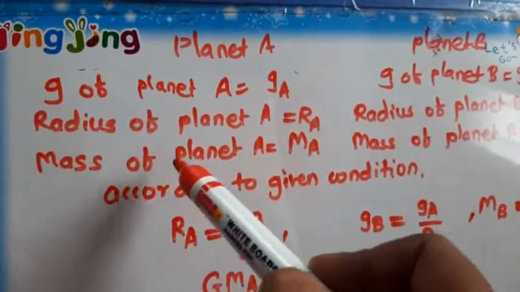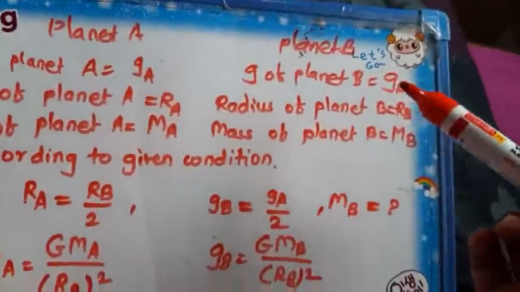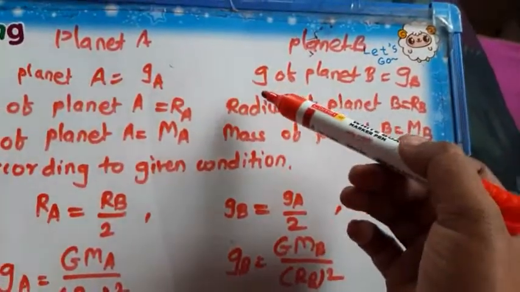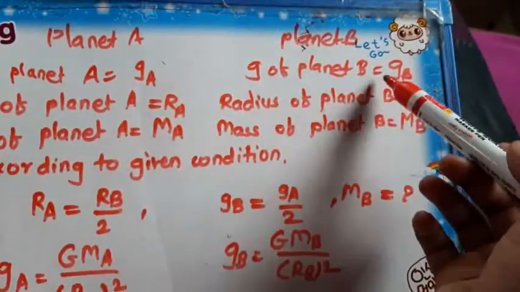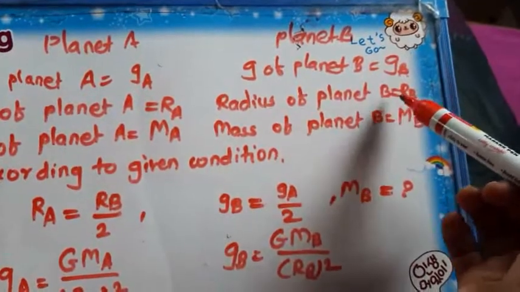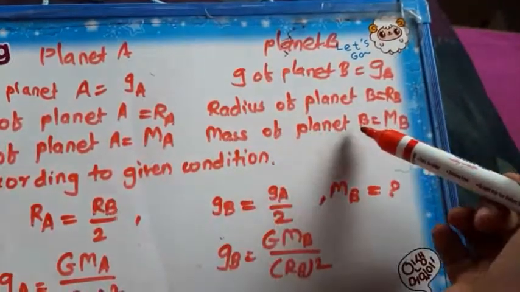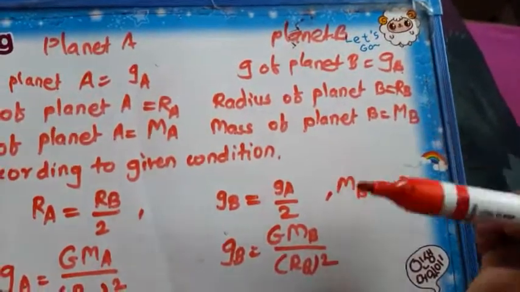Mass of planet A is ma. Like that for planet B, acceleration of planet B is GB. Radius of planet B will be suppose RB. Mass of planet B will be suppose MB.